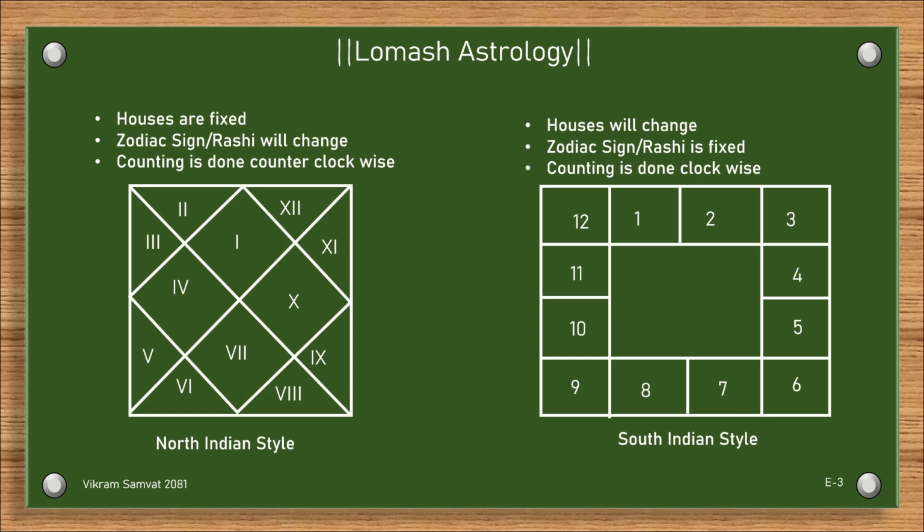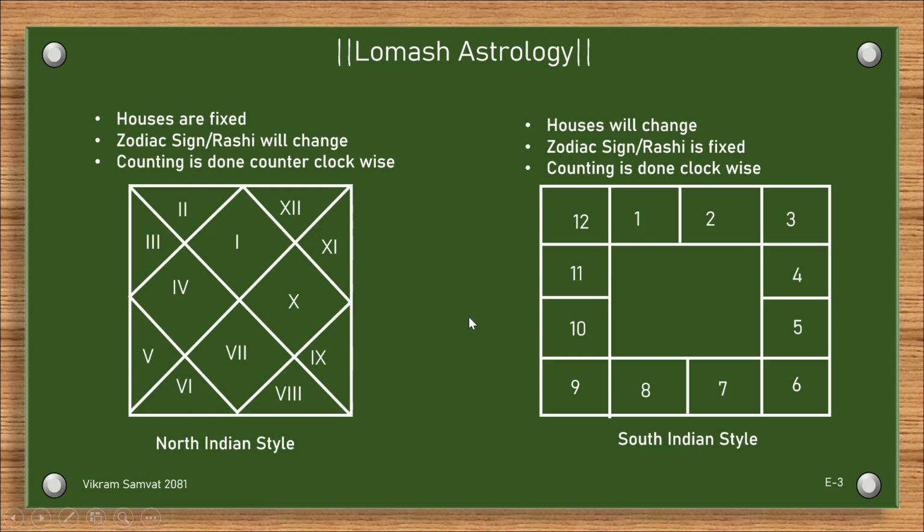We will see that, but for now just understand that in South Indian style, houses will change and zodiac signs will remain fixed. And how will the counting be done? Counting in the North Indian style will be done counterclockwise, as you see house number 1, then 2, then 3, so we are going towards the left side. We are counting counterclockwise, whereas in South Indian style we are counting clockwise.